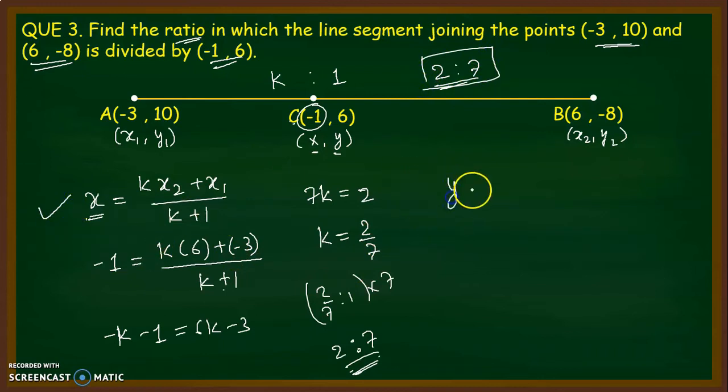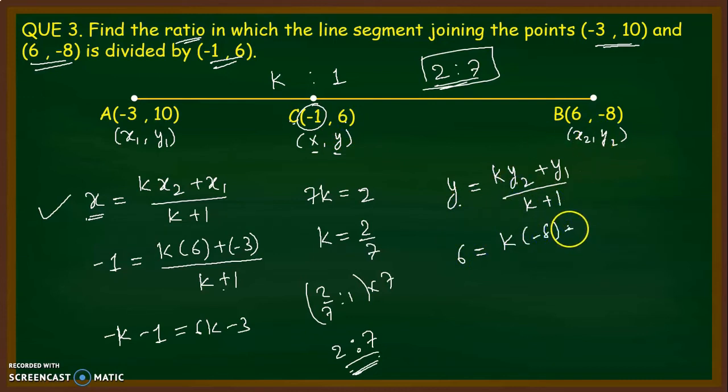You can use the formula for y, that is equal to (k y2 plus y1) divided by (k plus 1). Here in place of y you will put 6. So this is 6, k, y2 is minus 8, plus y1 is 10, divided by k plus 1. If you rearrange this equation, this k plus 1 will multiply 6.